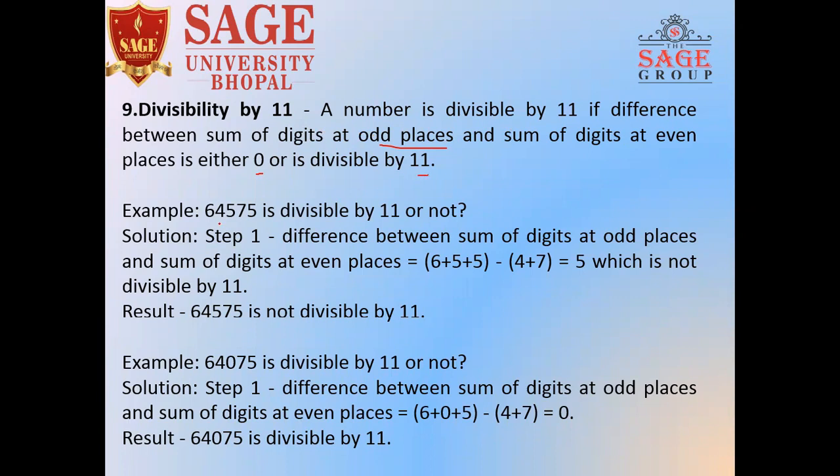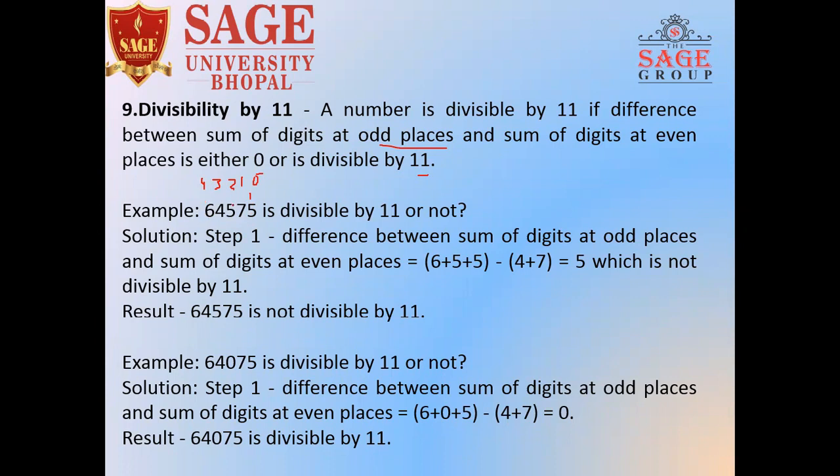So let's start by considering an example. 64575 is an example. Positions 0, 1, 2, 3, 4. So the sum of the digits placed at even places. So even places are 4, 2 and 0.